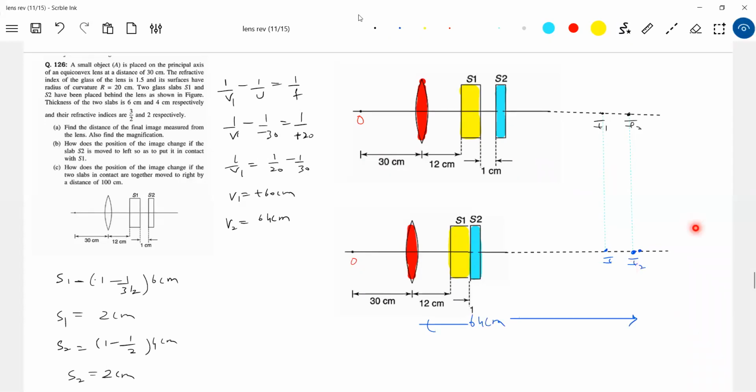The slabs are brought here. So what happened to the rays? The rays will come in, converge at point I1, and afterwards further they'll move. Nature of image will change. So the position of image will not change. Nature of image will be virtual. I2 will be virtual. Here I2 will be real.